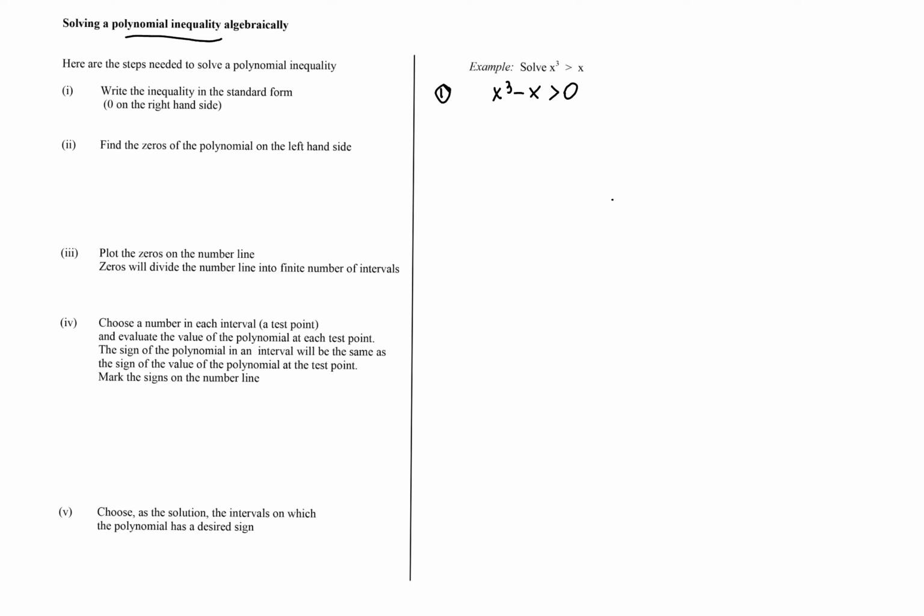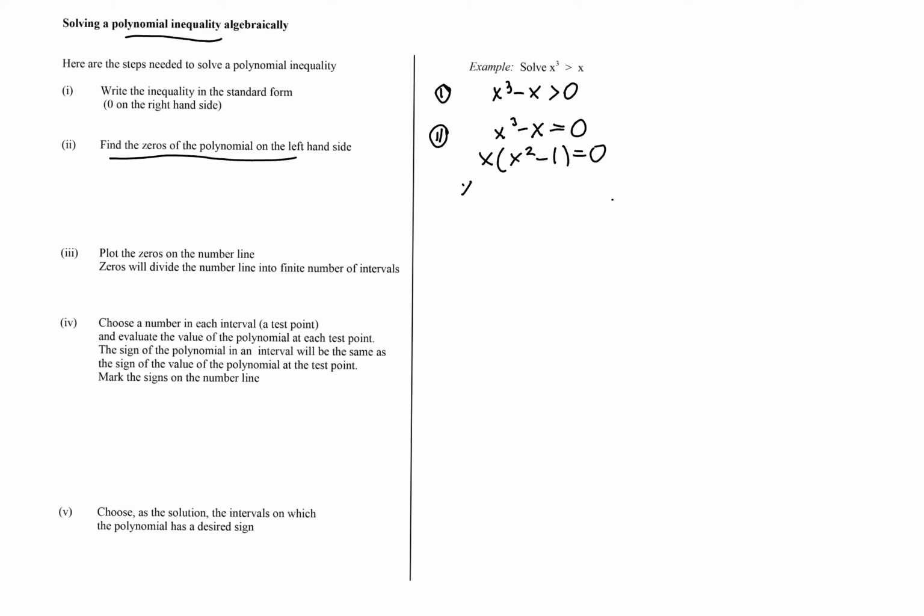So the second step will be to find those zeros, those x-intercepts. So find the zeros of the polynomial. That means I need to solve the equation x cubed minus x equals 0. This polynomial can be factored, so we'll factor out x and we'll have x times (x squared minus 1) equals 0.